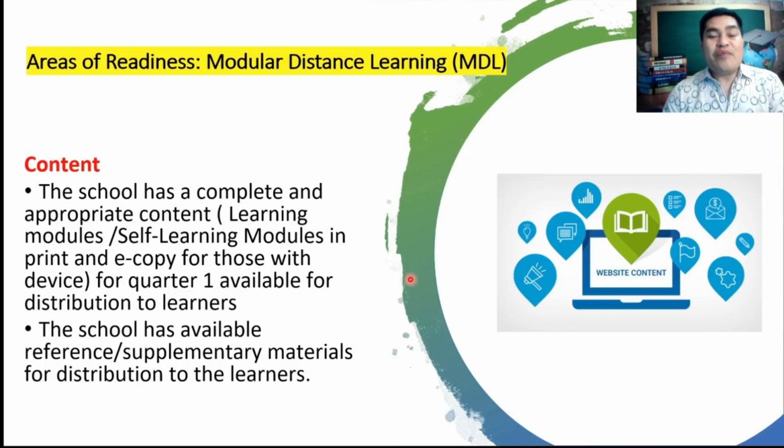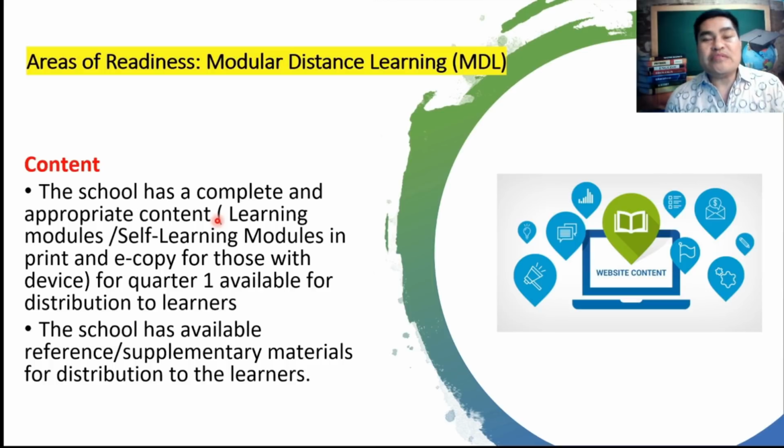And another area of readiness we need to consider is the content. So the school has to have complete and appropriate content. Probably in the first quarter, your school or you yourself should have prepared modules already. I know some of you have used modules from the DepEd. That is actually good.